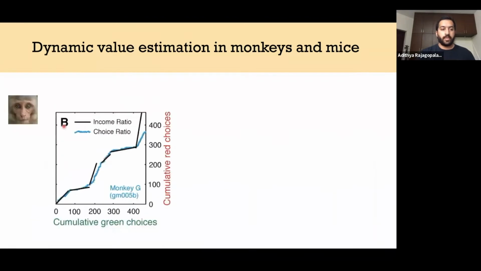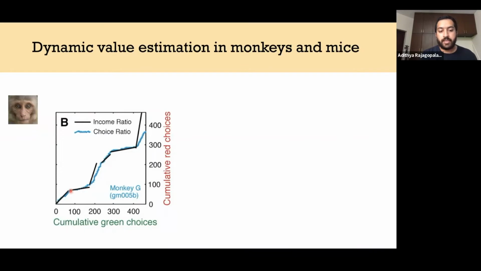And what has been seen in these kinds of experiments is that, in blue, you're plotting the choice ratio, the probability that the animal chooses green versus red, and similarly the income ratio, which is the number of times it receives a reward for choosing green divided by the number of times it receives a reward for choosing red.